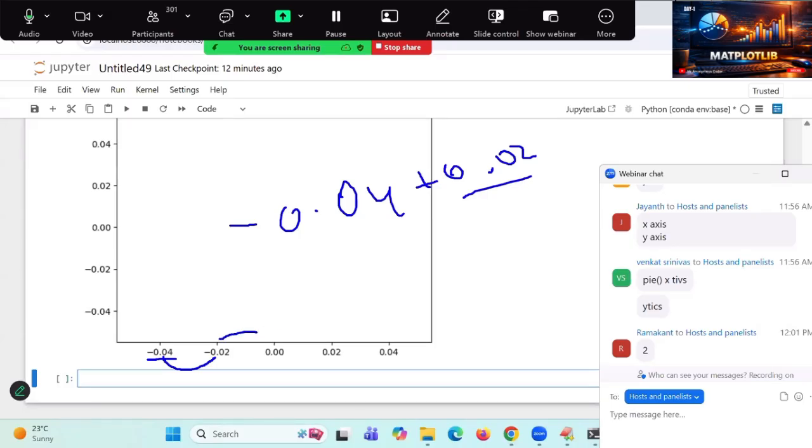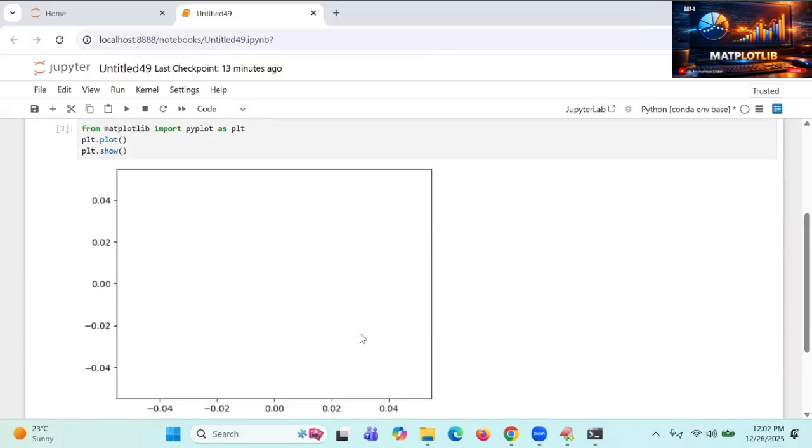What is the value? 0.00 plus 0.02, 0.02 plus 0.02. What is the interval there? 0.02. Clear? Similarly here also. Are you following me? Yes.